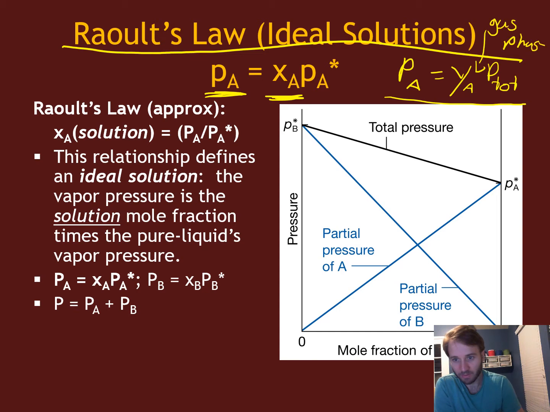So here, what we're saying in Raoult's law is that the partial pressure of the gas above my liquid is equal to the vapor pressure of the pure liquid times the mole fraction of the liquid in this mixture, which is an approximation. This is definitely an approximation to say that PA over PA star equals the mole fraction in solution.